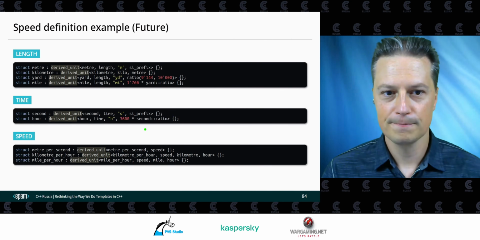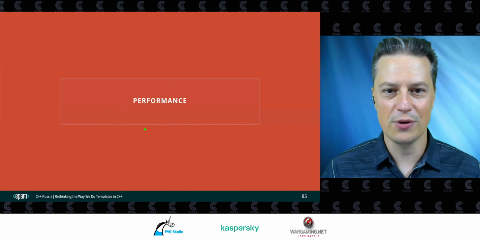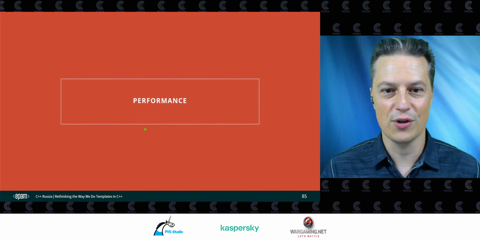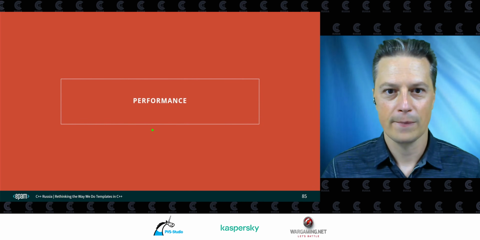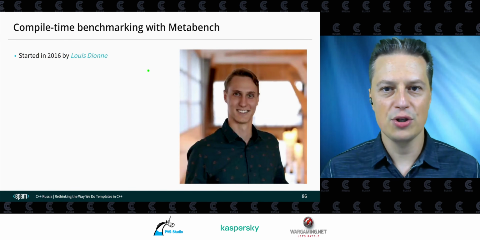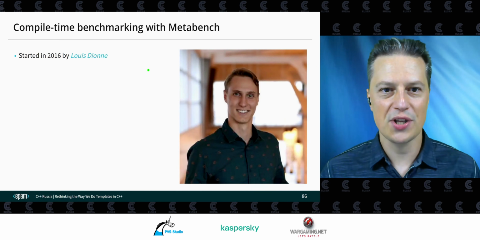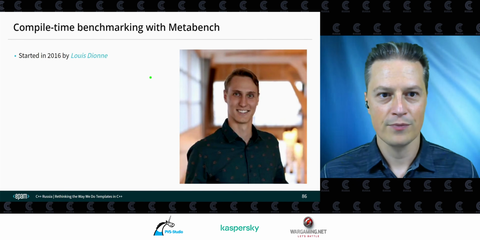So with this, let's go to the last point: performance. The thing that may be the most important for you, because you care about performance, because you do C++, right? For compile time benchmarking, I would recommend using MetaBench. MetaBench was started by Louis Dionne when he started to work on the Boost.Hana library.